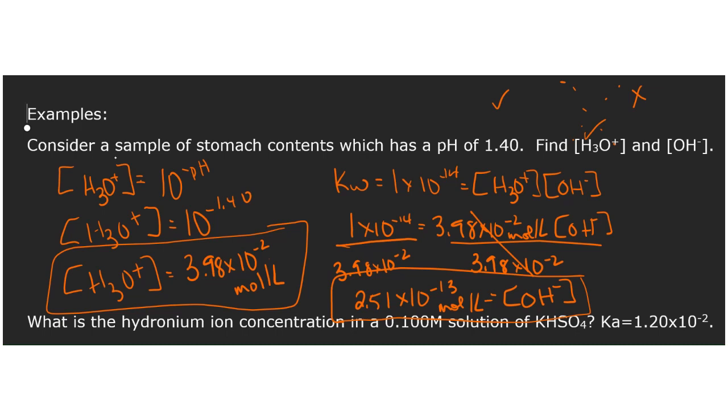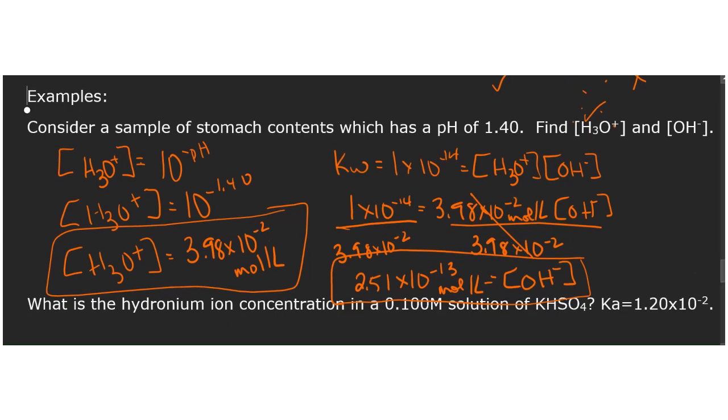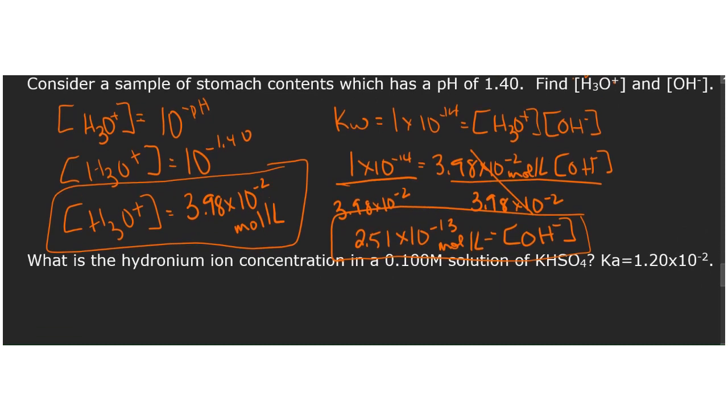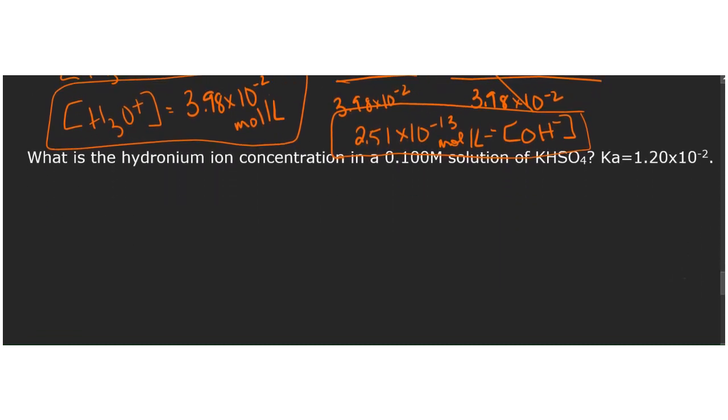So the hydronium ion concentration is higher than the hydroxide ion concentration, which would make it acidic versus basic. Okay. Are we good? Am I too fast?